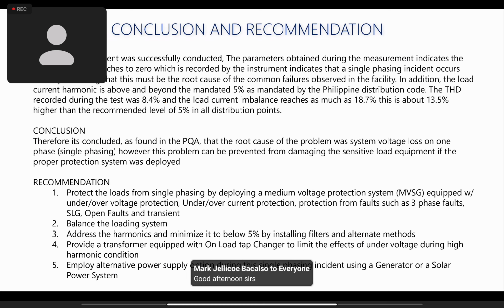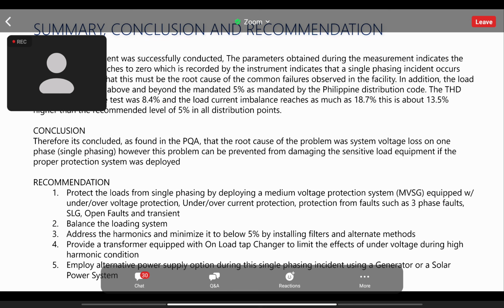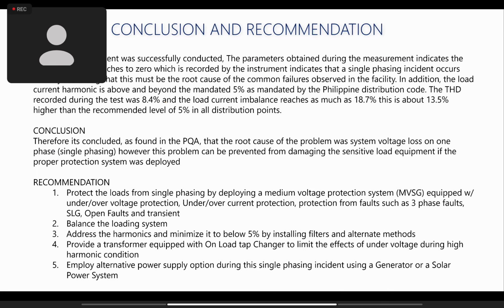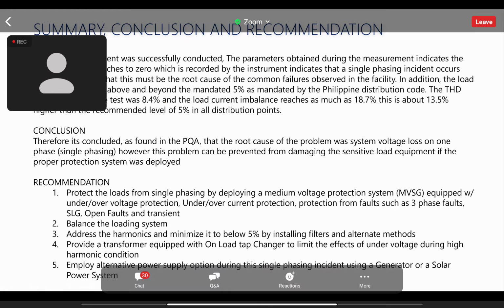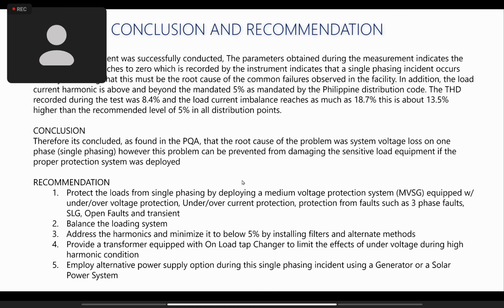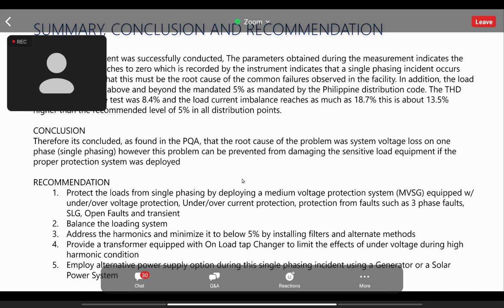So without it, wala tayong information, without the knowledge on how the system behaves, we cannot provide the suitable solution that will fit and that will address the issues that we are trying to solve. So that ends my presentation today, and good afternoon.